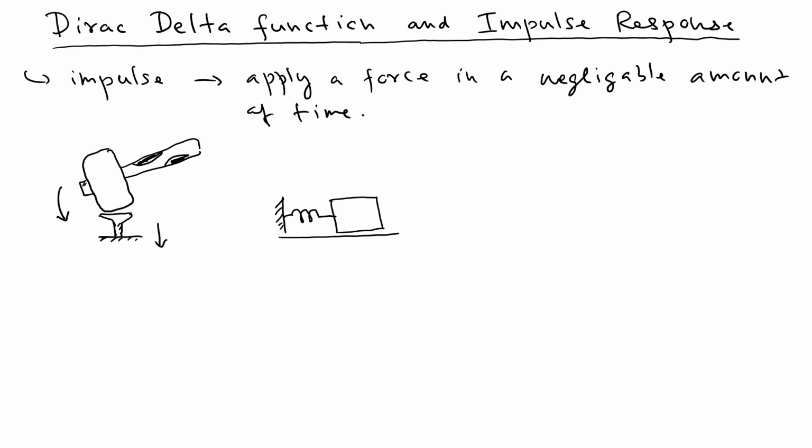You put an external force on it for a very limited amount of time, like you just hit it with a pen or something. And then what's going to happen to the mass? How is this going to behave? What kind of motion does it have? You can see that the force you apply is for a very limited amount of time. So that's another situation.